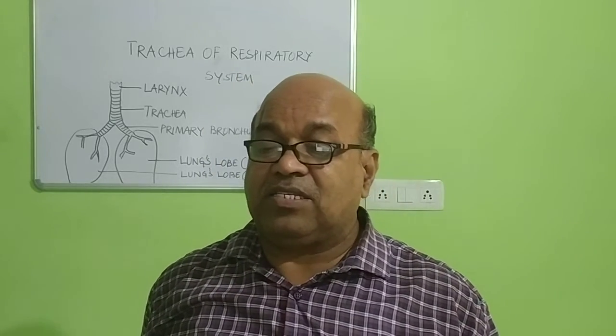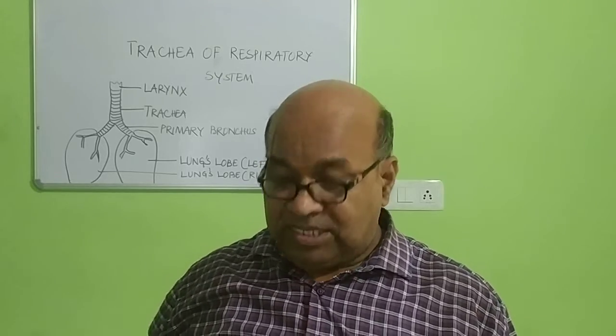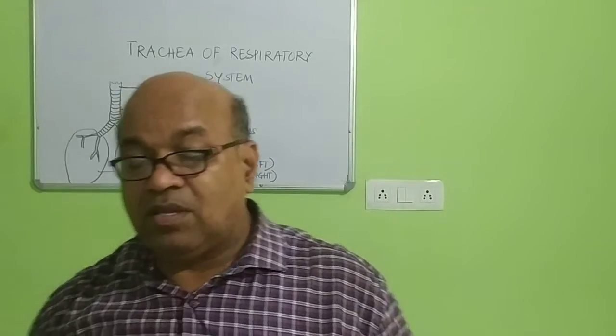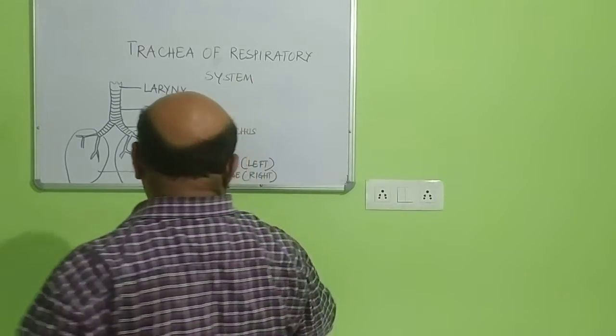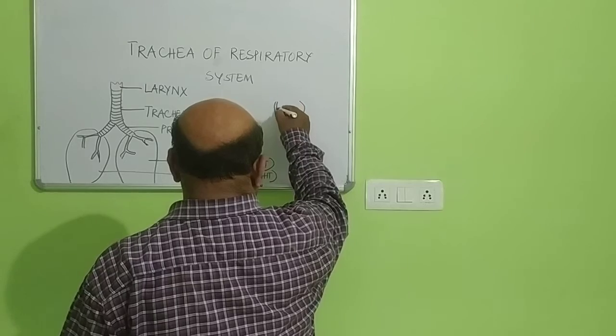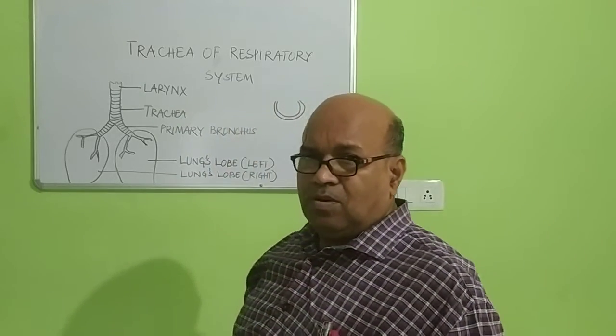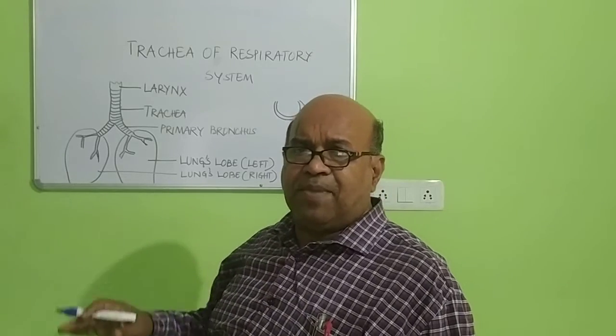Its wall is prevented from collapsing due to a series of cartilages. The cartilage remains on the lateral side as well as the ventral side as a U-type. Dorsally it is not embedded.